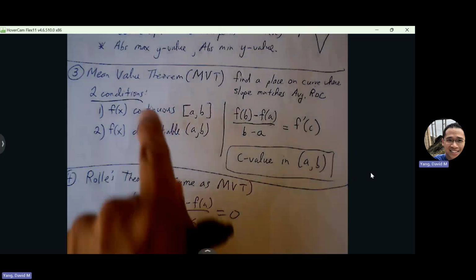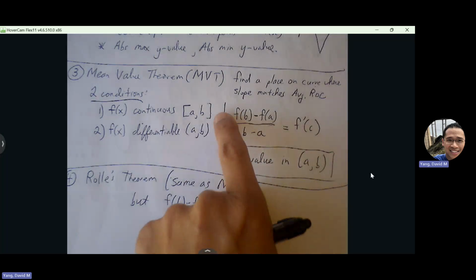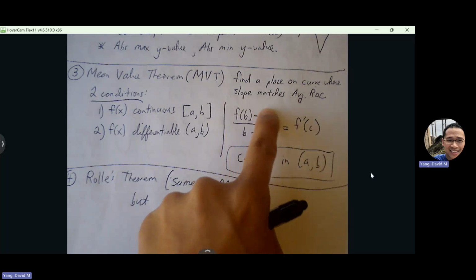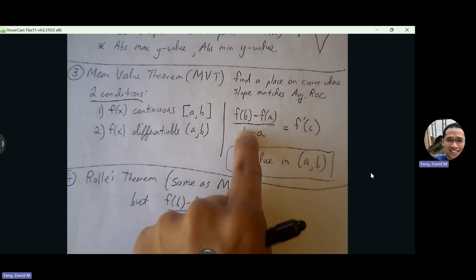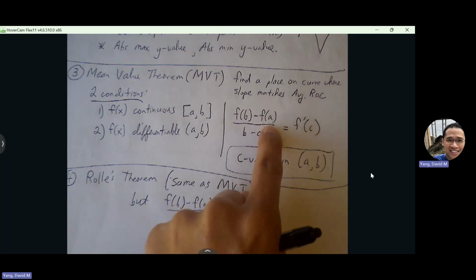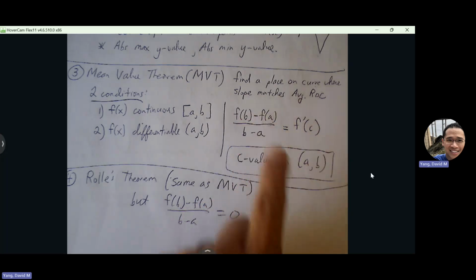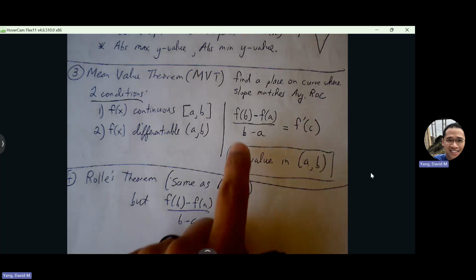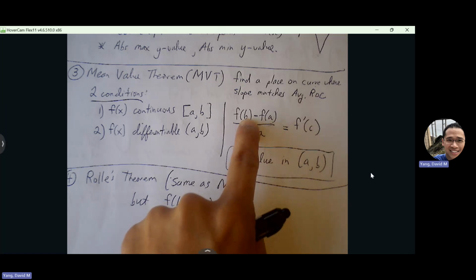Now, Rolle's theorem is basically the same thing as mean value theorem. It's just that when you find your order pair and you find your slope, slope has to end up being what? And what's the easy way to tell that the slope is going to be 0? If your order pair has the same what? Same y value. If you have the same y value, you're going to get 8 minus 8 or 5 minus 5. You're always going to get a 0 in the numerator if you get that same y value.